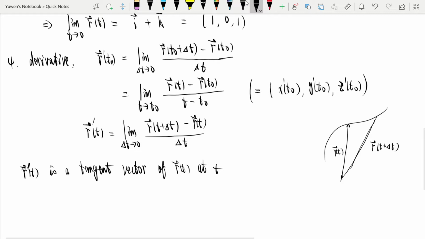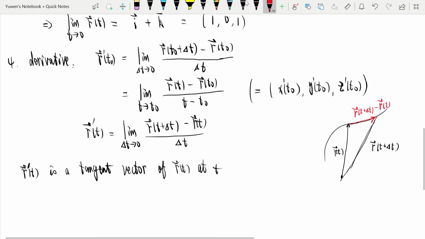Then r(t plus delta t) is this vector. So this vector is r(t plus delta t) minus r(t).